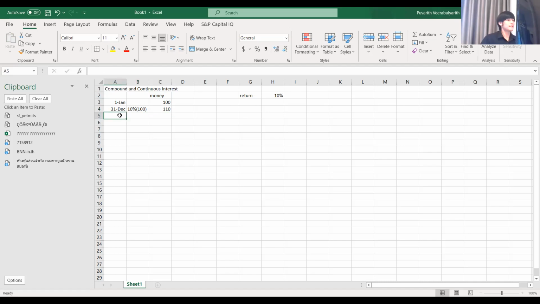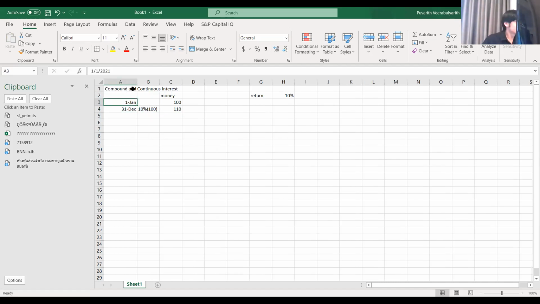So this is easy. You all know this. But what if in the second year, for example, 22, this is 21, right? So at the beginning, I will have 110 baht from this year, right? And at the end of this year, at the 31st December of 2022, I will also get my 10% return as in the first year.